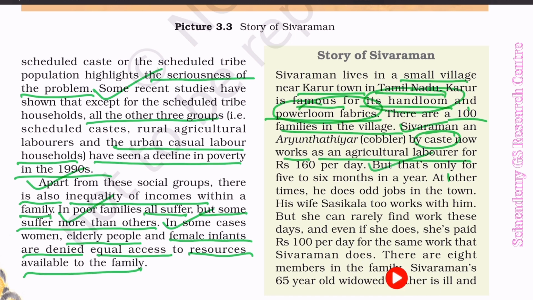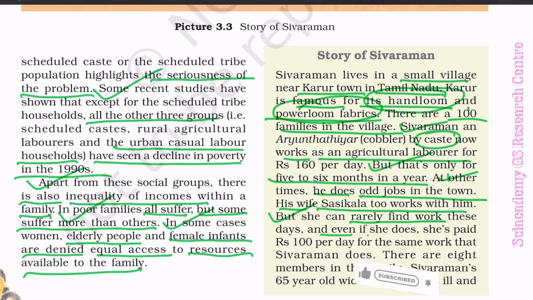But that's only for 5 to 6 months in a year. At other times, he does odd jobs in the town. His wife, Sasikala, too, works with him, but she can rarely find work these days, and even if she does, she is paid rupees 100 per day for the same work that Sivaraman does.